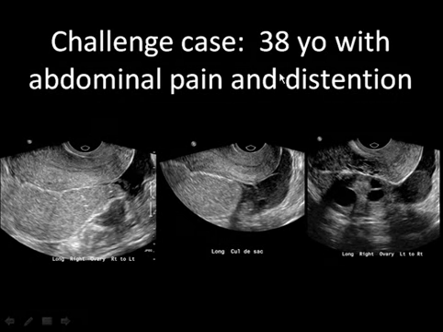Now, here is a 38-year-old who presents with abdominal pain and distension. We have a sagittal view of the uterus, some complex fluid in the cul-de-sac, and posterior to the uterus we see this dilated tubular structure coming to a point.